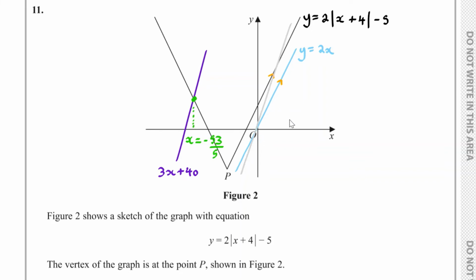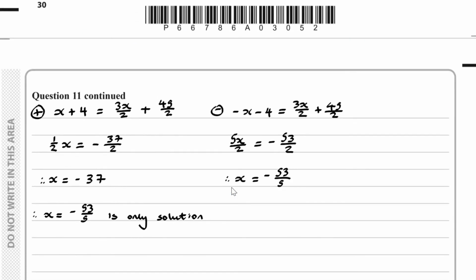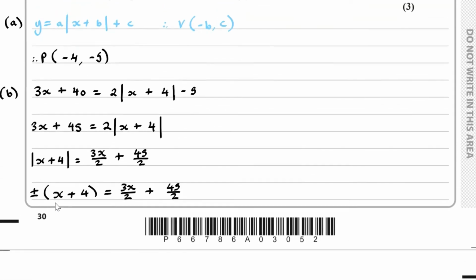This over here is the graph of y equals ax, where of course a is greater than 2. So one possible solution we have, for part C, is a being greater than 2. That will ensure we intersect the graph at least once.